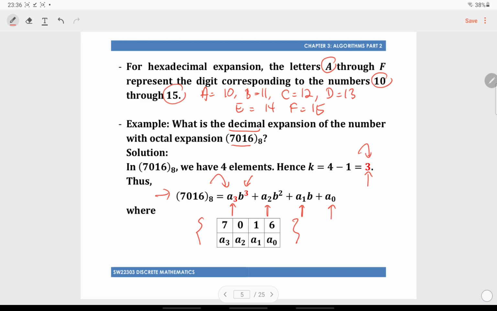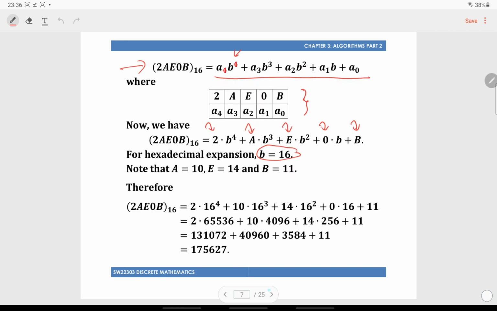Okay? So from the equation, we can substitute the value for A equal to 10, the value for E equal to 14, and the value for B equal to 11. Now we can compute the value, because all elements are in numerical form.